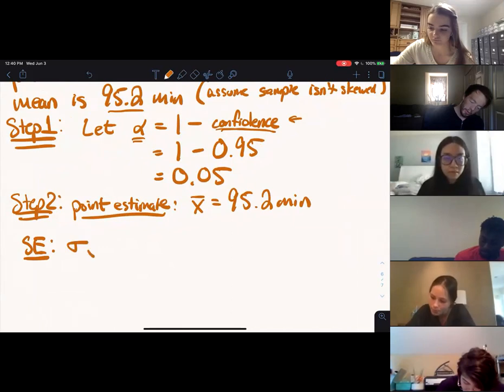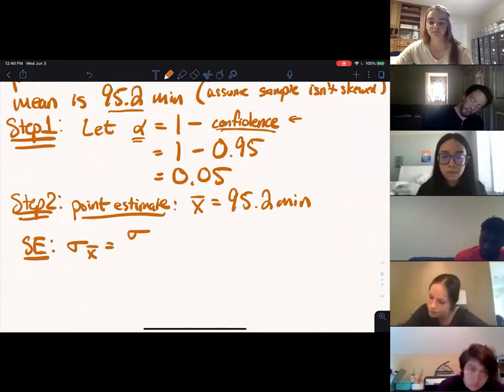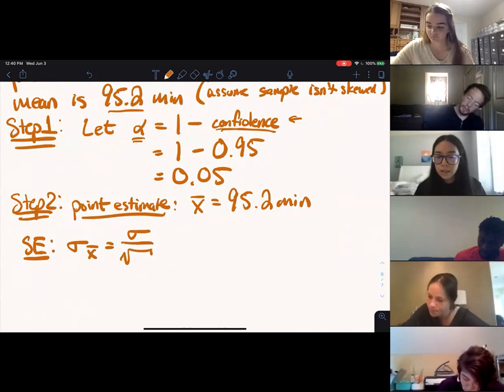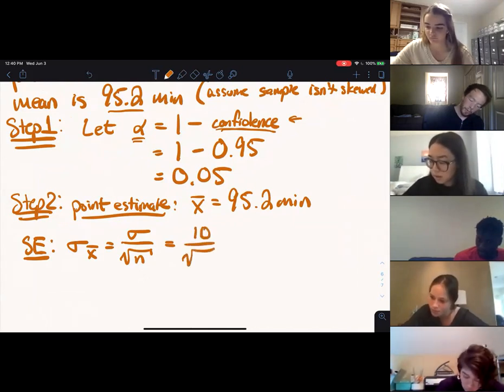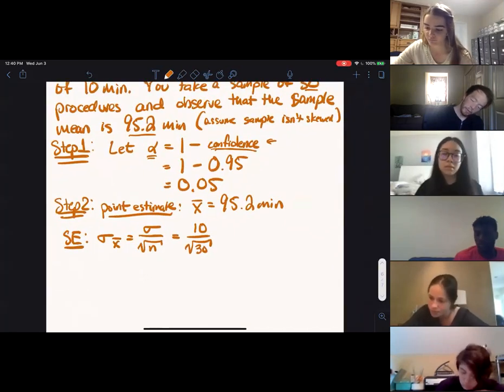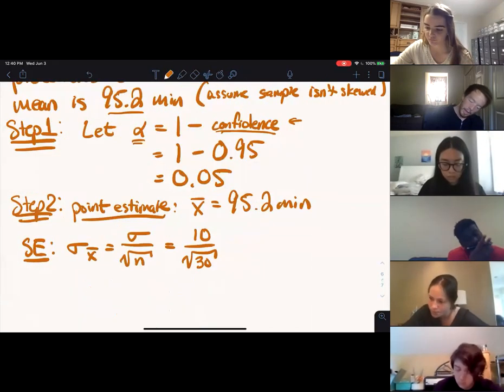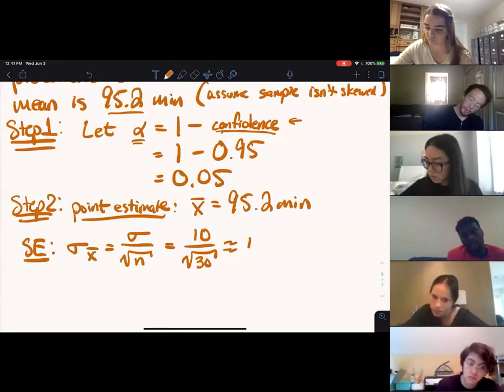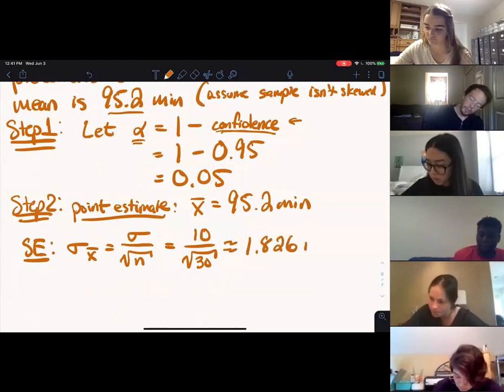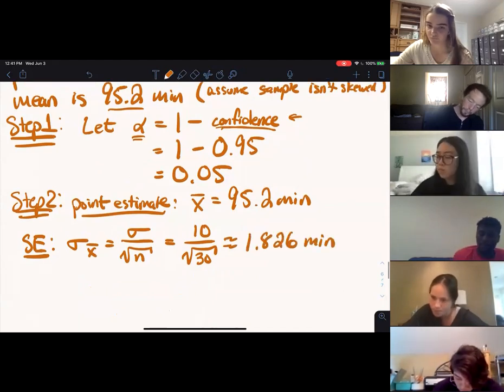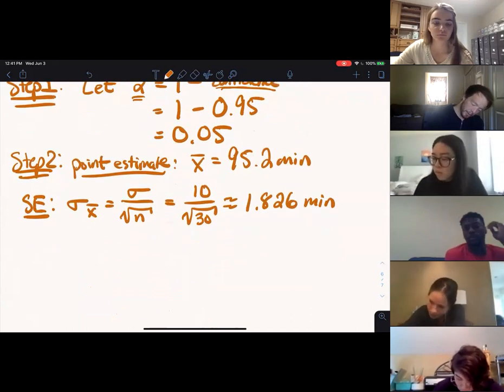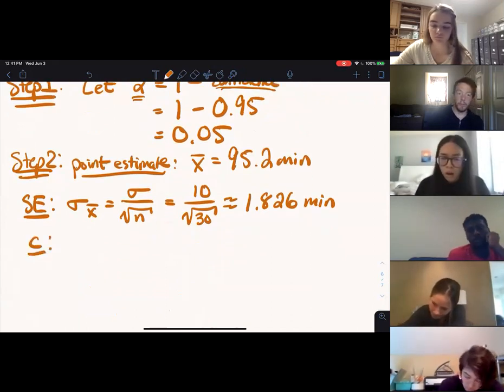So we need the standard deviation of our point estimate, which is just the population standard deviation divided by root n, which here is going to be 10 over root 30, right? I think I said it was 10 minutes. Yeah, population standard deviation is 10 minutes. We took a sample of size 30, that checks out. And this is going to be approximately 1.826 minutes.